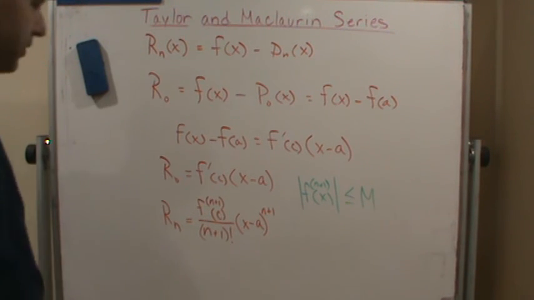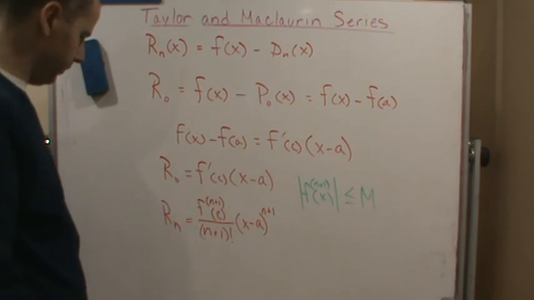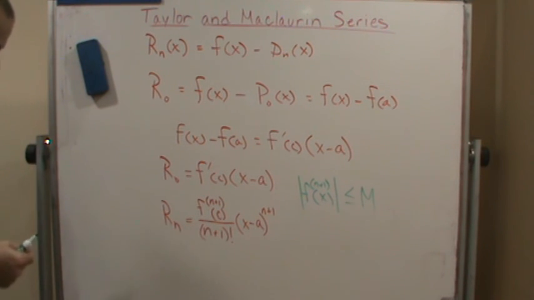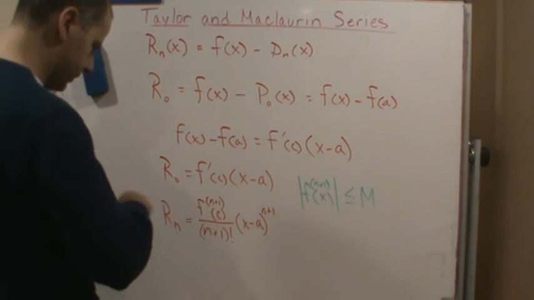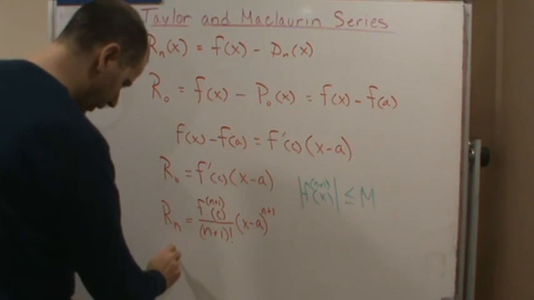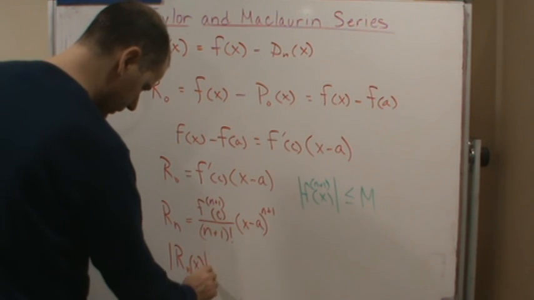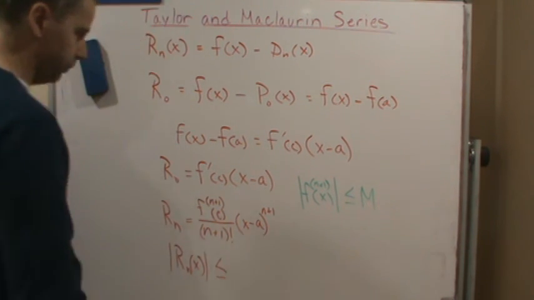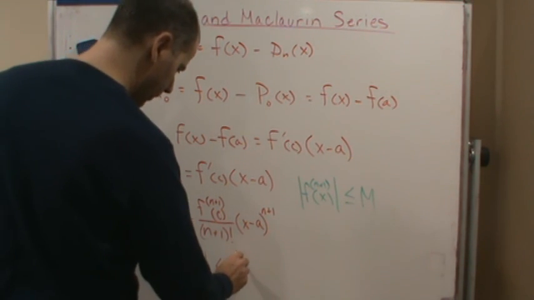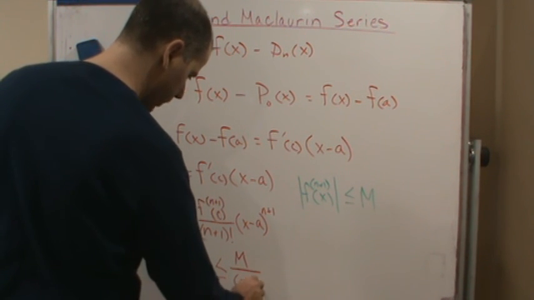Now here's the thing. Remember, we're going to take the absolute value of the remainder. So that would mean that the absolute value of r sub n of x is going to be less than or equal to m over n plus 1 factorial.